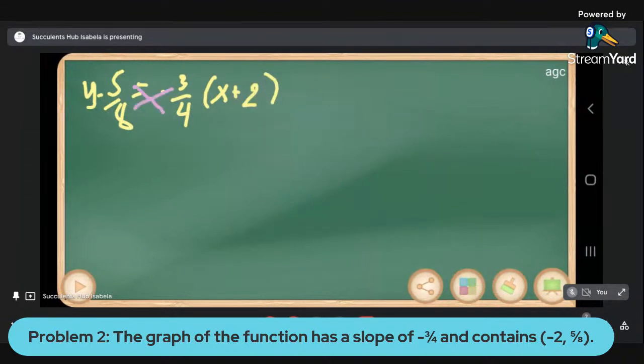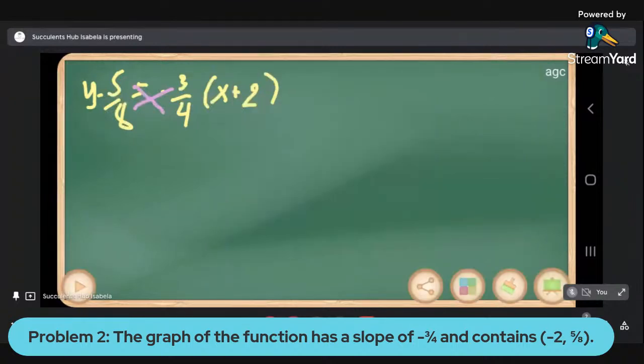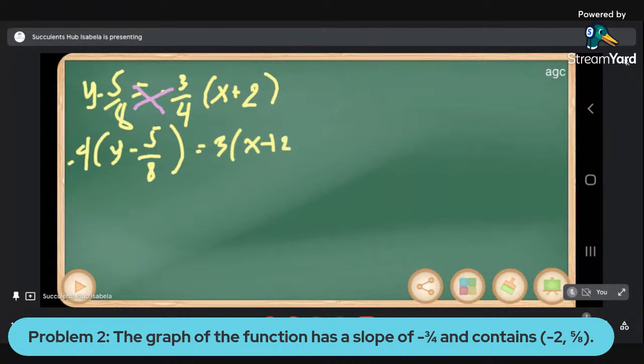So you will have 4 times y minus 5 over 8, negative 4, is equal to 3x plus 2. Multiplying negative 4 here, you will have negative 4y.